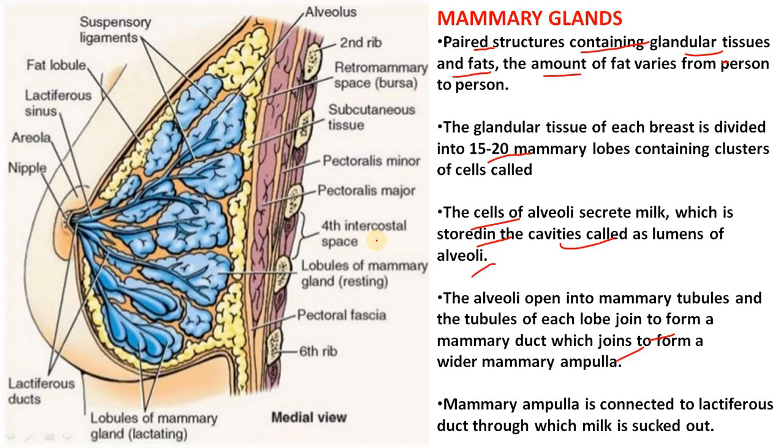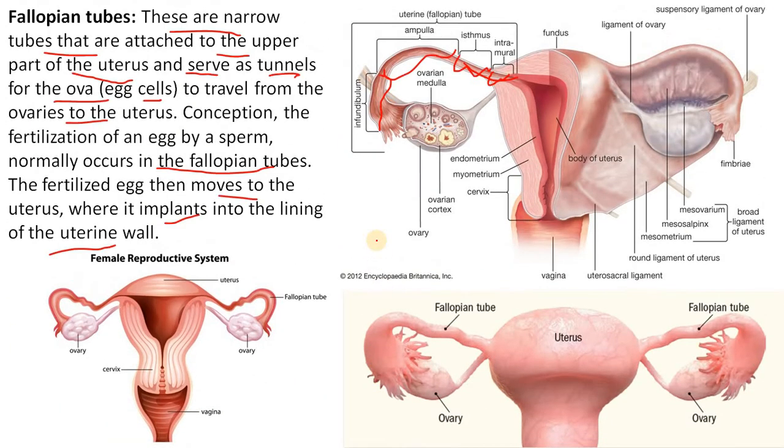So there are a few points that I must say which are also necessary for covering your syllabus. That is about the fallopian tubes. It is also known as the oviduct, and it is 10 to 12 centimeters in length and extends from the periphery of each ovary to the uterus.